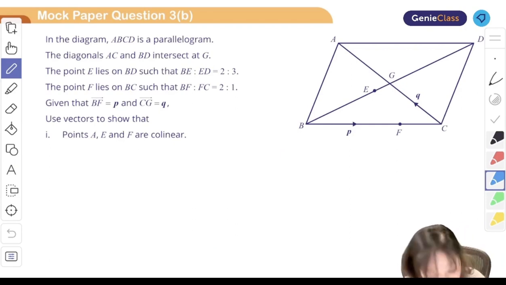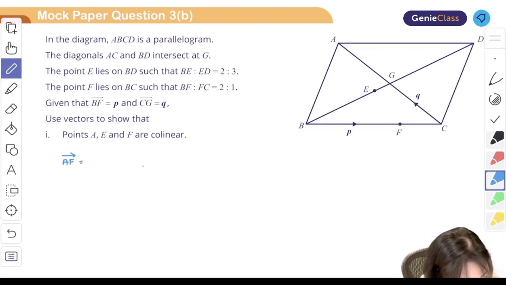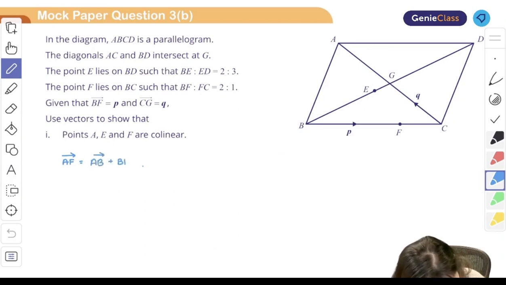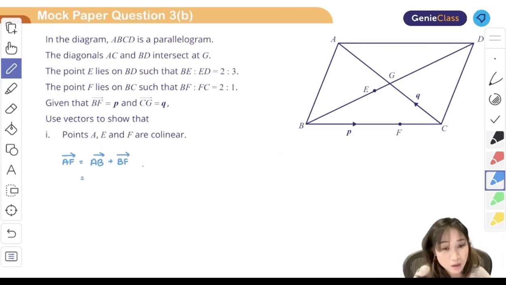Yes, so let's do that. From the previous part, let me write down. First we need to find vector AF. So AF would be AB plus BF, which from the previous part A, we already found vector AB, right?